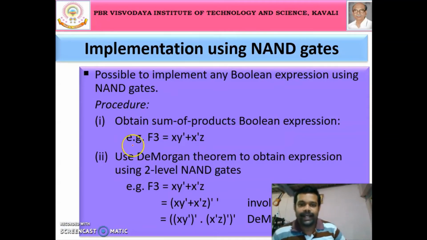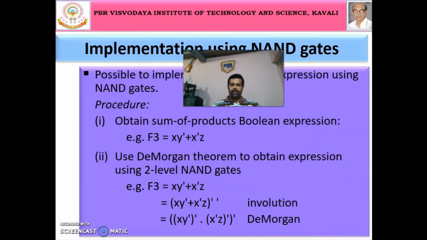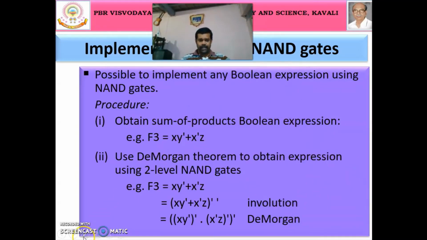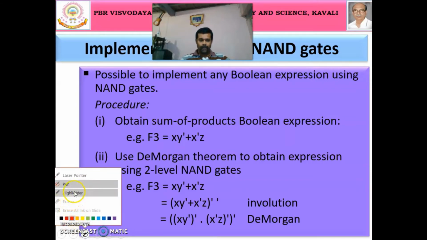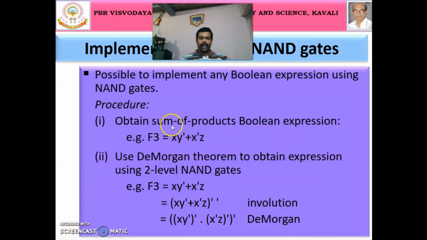Implementation using NAND gates. Now we are going to implement an SOP function using NAND gates. How are we going to implement it? We have an expression F3 equal to x y bar plus x bar z.